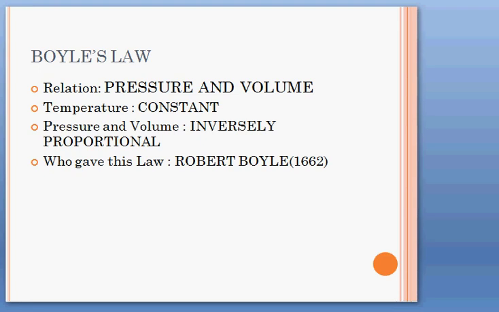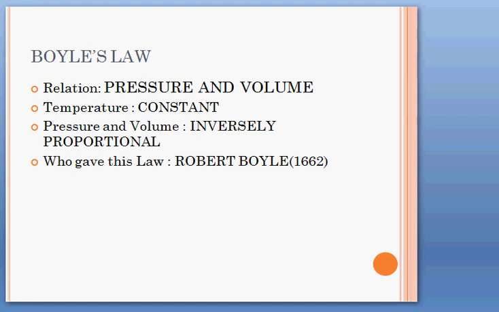What is Boyle's law? We learned that it is a pressure and volume relation. We also learned that temperature is constant. As I told you, gas has three standard variables, that is pressure, volume and temperature. So relating two variables and keeping the third constant will give a law.